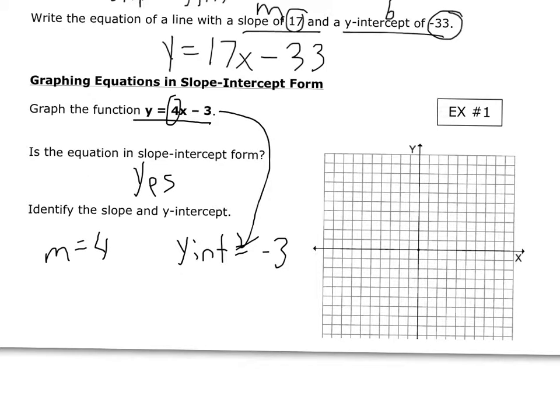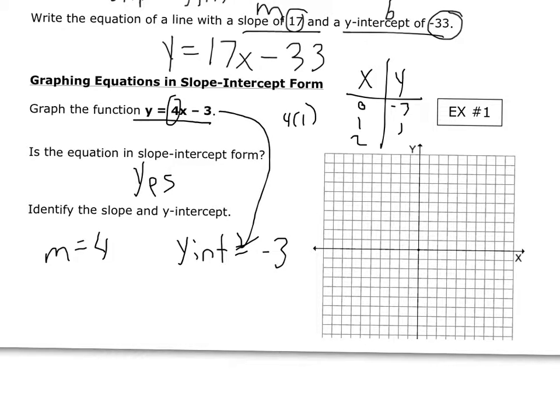If you wanted to graph this, there's two different ways. One, you could do a t-table, which I'll show you first. If you had your t-table, x, y, and you have your 0, 1, and 2 values, you would say 4 times 0 is 0, subtract 3 and you'd get negative 3. Plug in 1, 4 times 1 is 4, subtract 3 and you get 1.